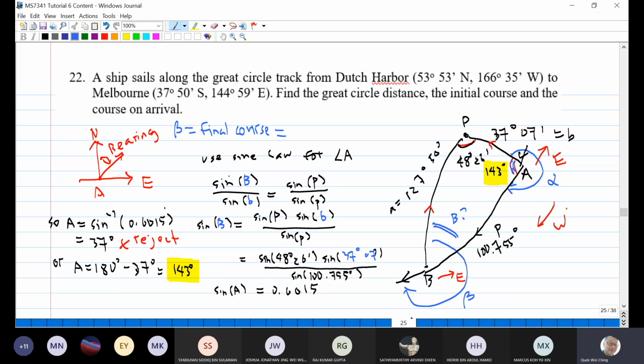Okay, so I now find what angle B is. Sine B. What was my sine B equal to? 0.4596.